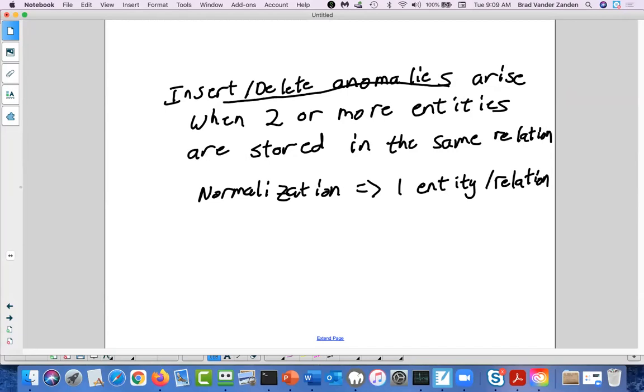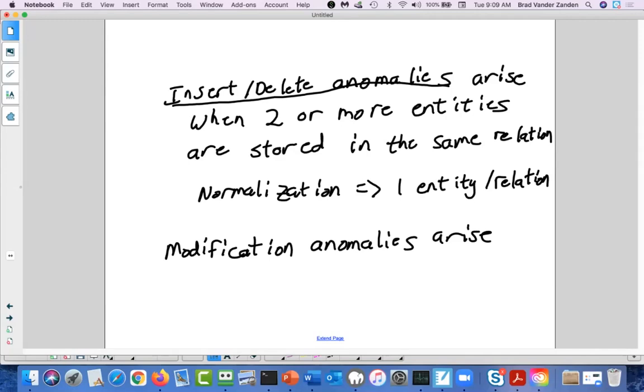Okay, and then your modification anomalies arise because a descriptive attribute is somehow repeated.